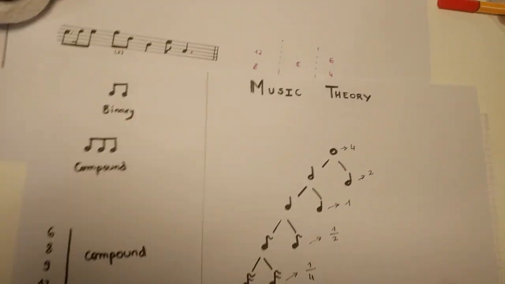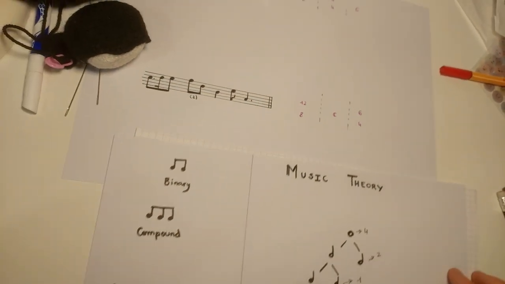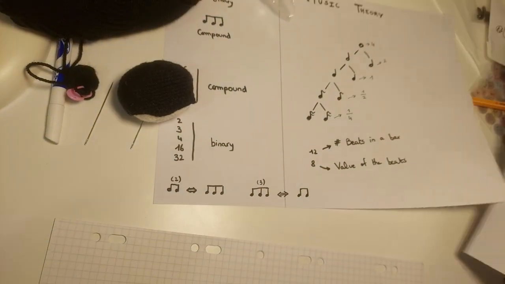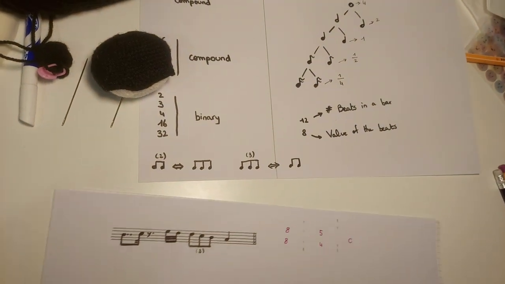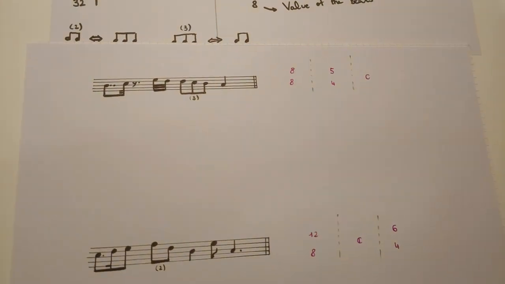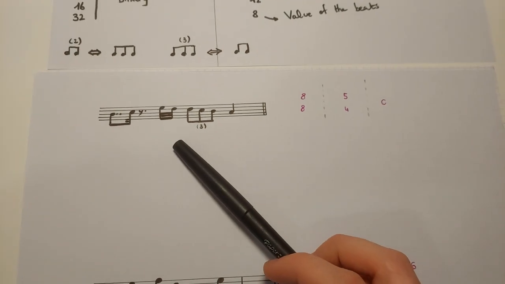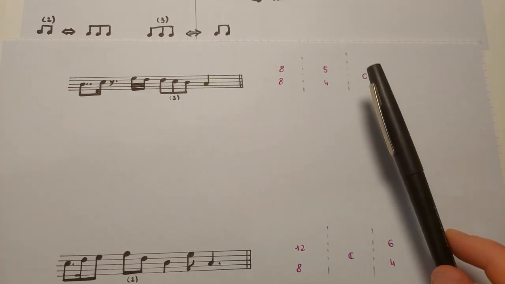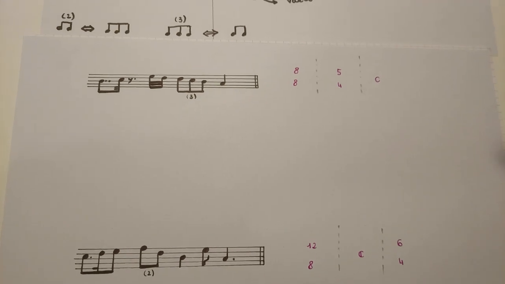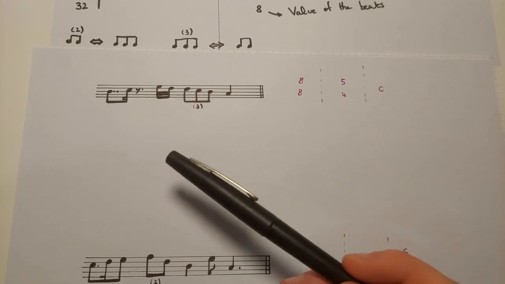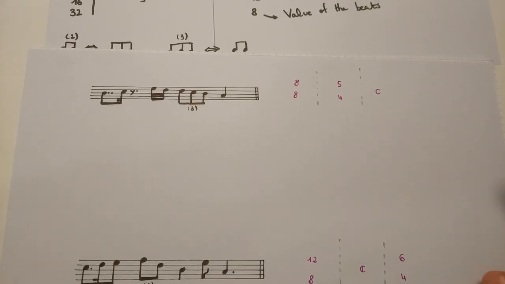So let's continue with a few examples. I'll keep this sheet right there, so we can have it under our eyes. And we will start with this first example right there. So the first thing to do when you have an exercise of this type is to try to guess if we are in a compound bar or a binary bar.